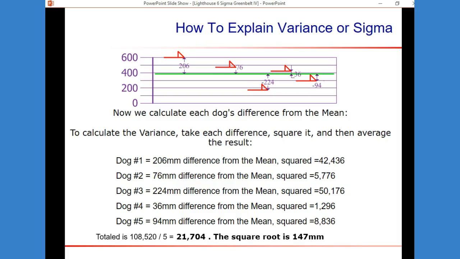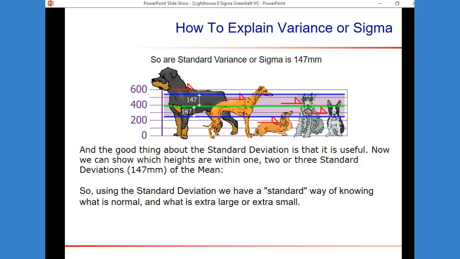So what the variance or the sigma tells me is, based on every dog, based off that average, when a dog does come in at a different height, statistically it's going to be within 147 millimeters of the average. And the next dog that comes in a little bit taller is going to be outside of that range.